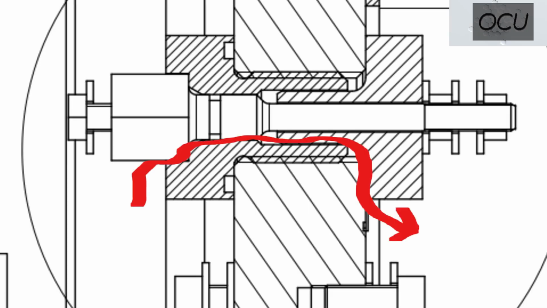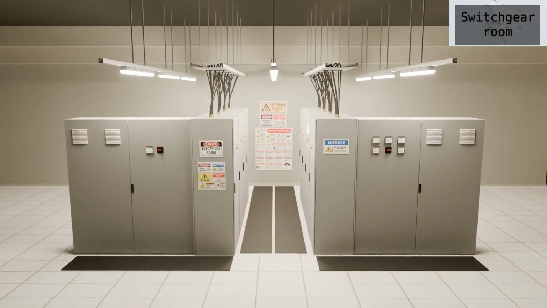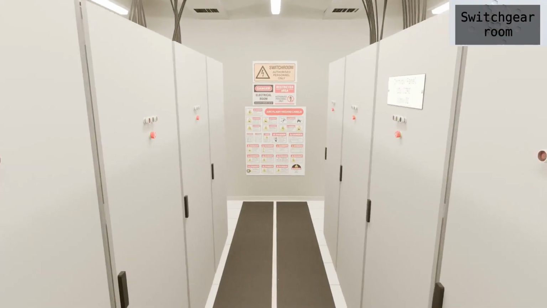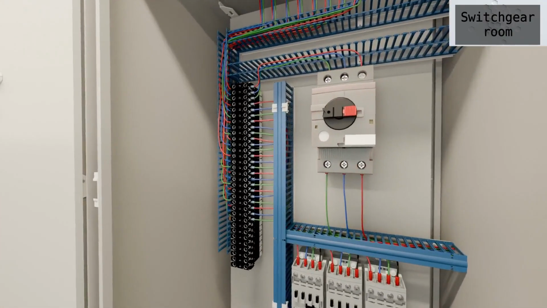Now, let's move to the switchgear room. During routine weekly switchgear room inspections, an electrical technician identified oil leakage as drips on the lower section of an access door.